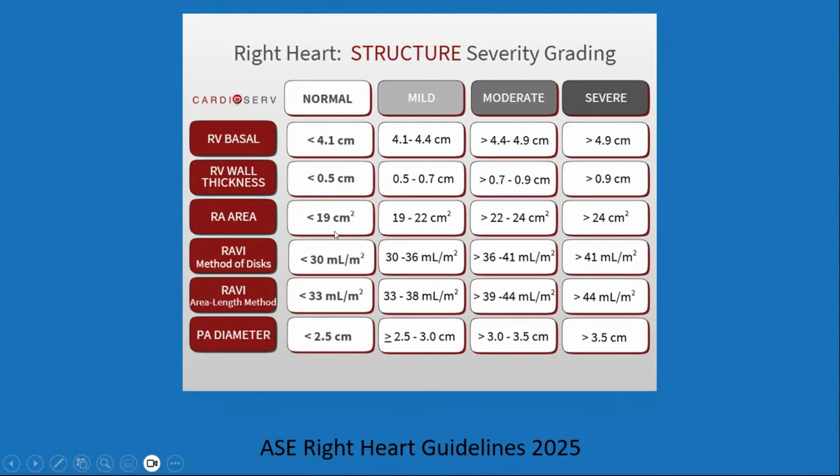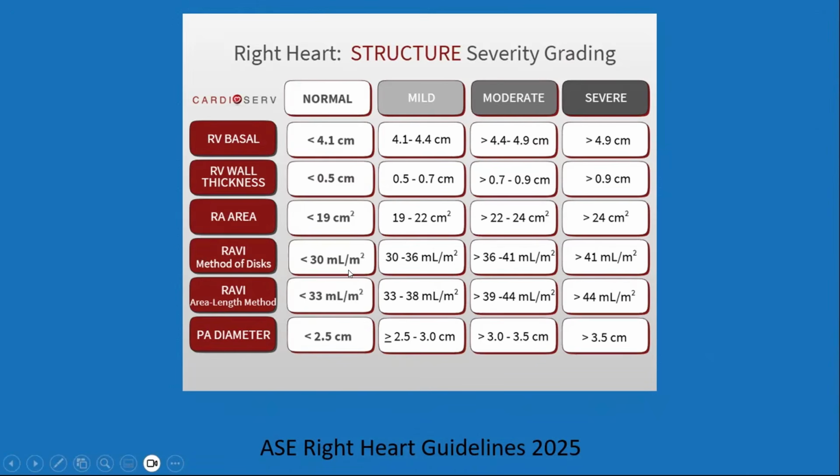The RA area I have said. Then the introduction of right atrial volume index. They prefer the method of discs, but they say that if the area length method is what you have with your machine, you can use this method also, but they should be indexed anyways to the body surface area.